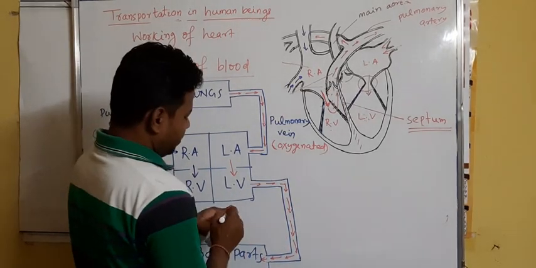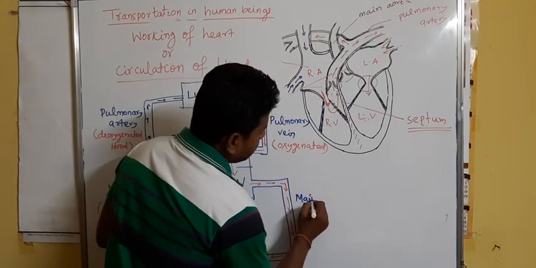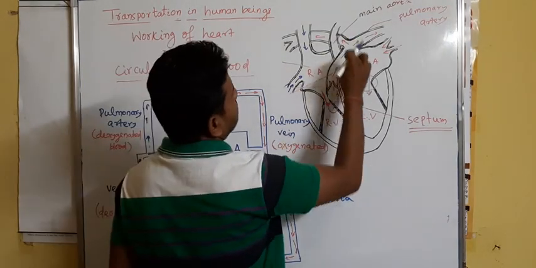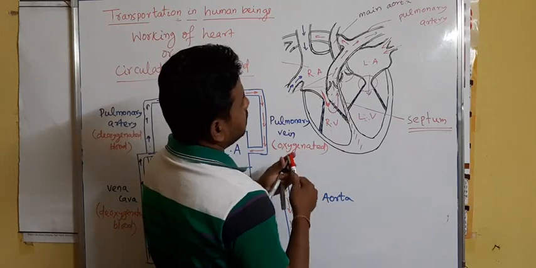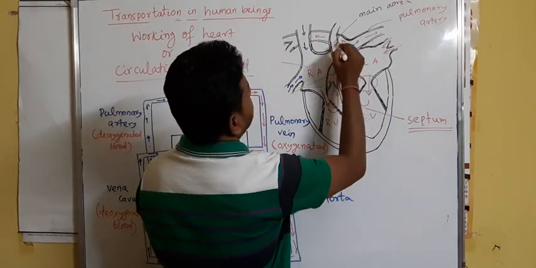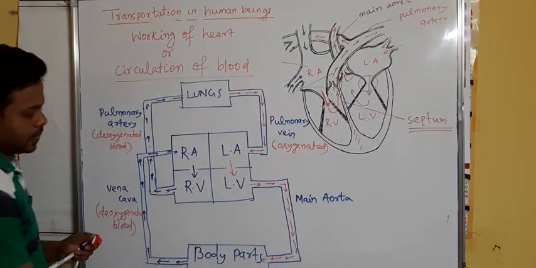So the blood vessel through which it is sent is called main aorta, main artery. So from the ventricle the blood will move to each and every part of the body.